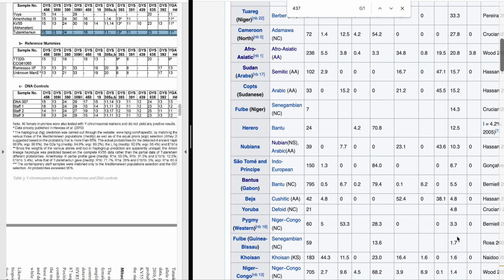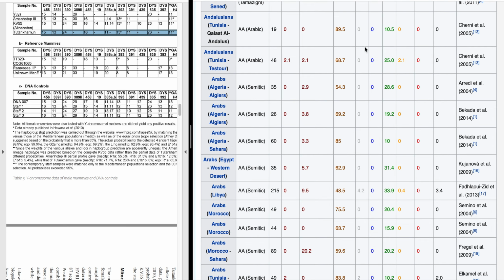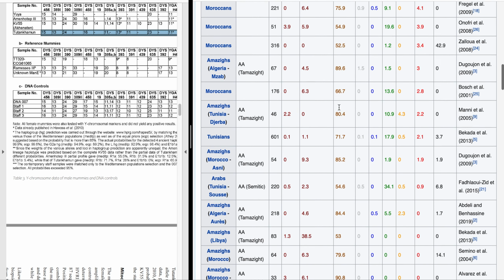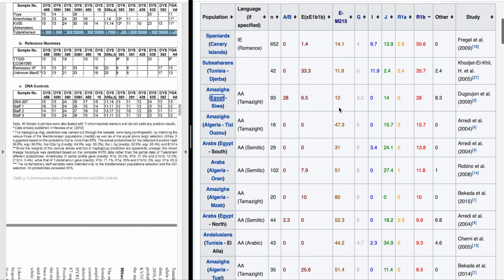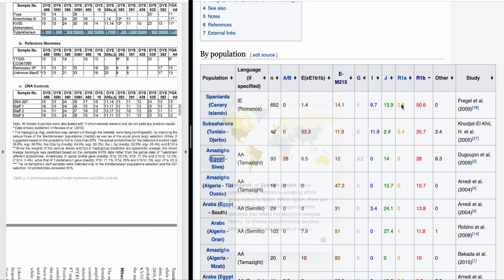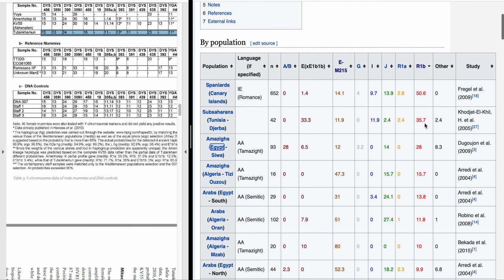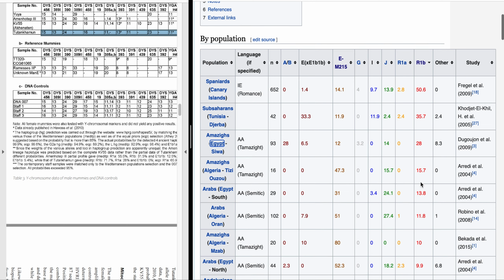Interesting. All right, I have the other one up also of North Africa. Let's see if R1b is in North Africa. Spaniards, 50.6. Sub-Saharans, 35.7. Amazigh, 28%. Amazigh in Algeria, 15.7.